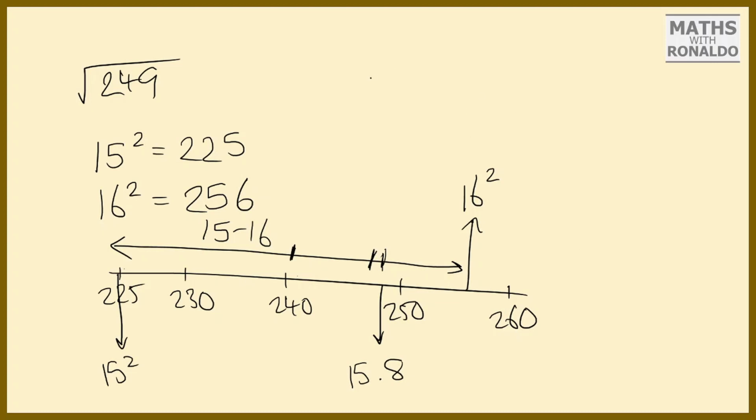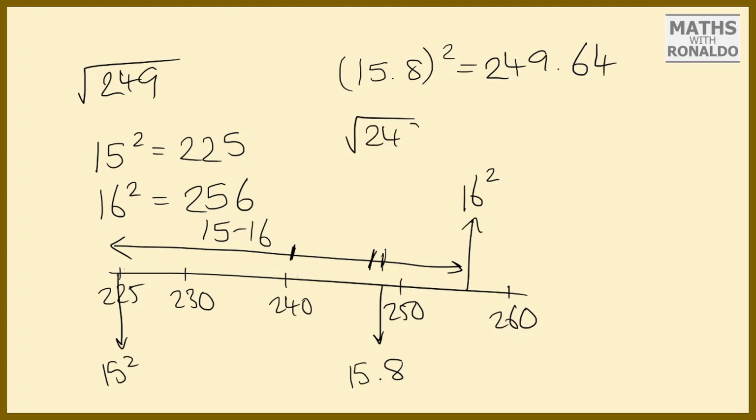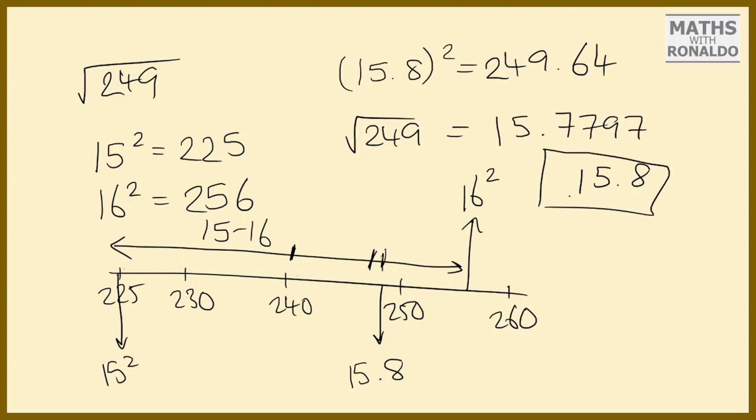And if we do that on a calculator, 15.8 squared gives 249.64. Now, the root of 249, according to the calculator, is 15.7797. And you can see if we round that, we will actually get 15.8. We did an incredible estimation there, and we got practically the right answer, because we got it right to 1 decimal place, which is pretty good.